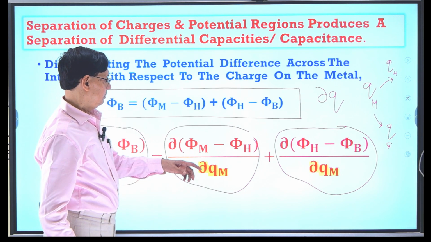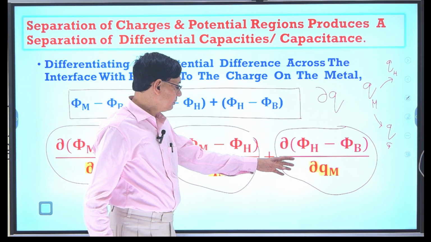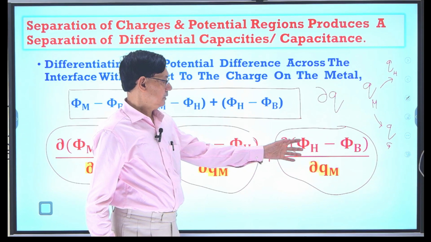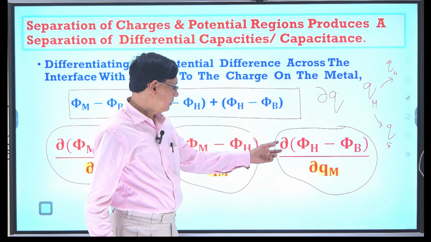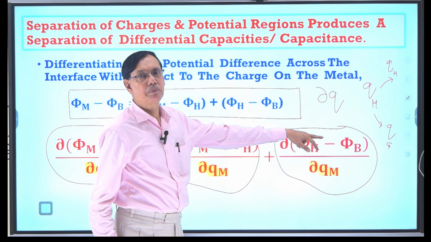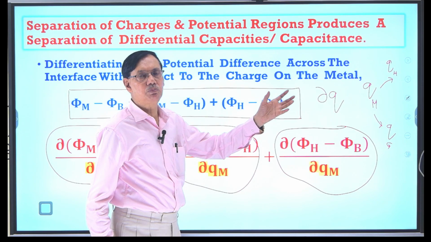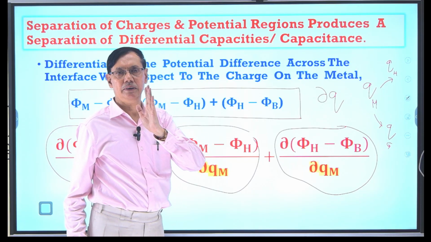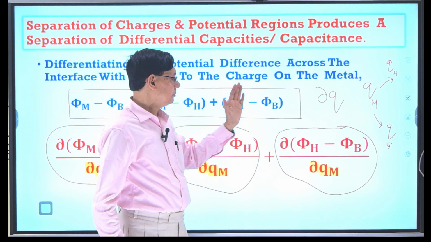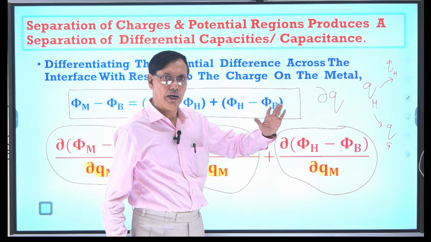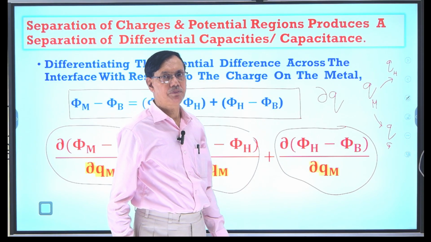now the denominator part of this last part, again it is an assumption that Helmholtz to bulk, it is the diffuse part, you know. There are two parts, one is the compact layer, another is the diffuse part, the diffuse double layer, where there is a scattering of the ions, movement of the ions.